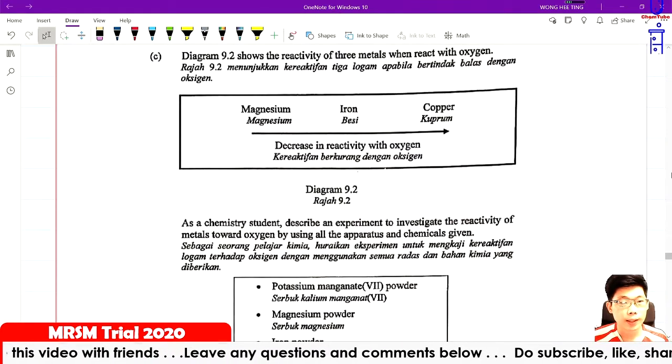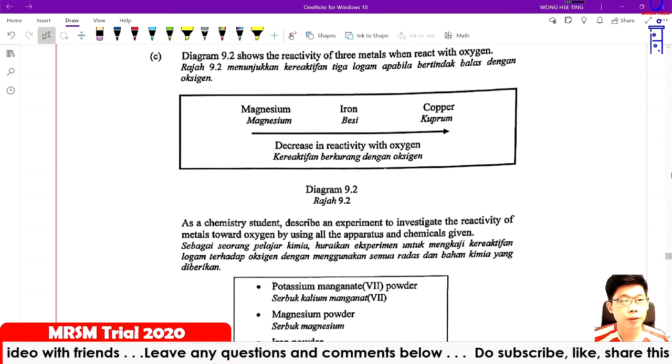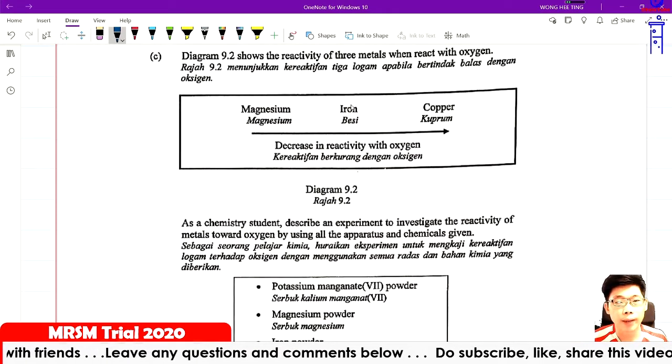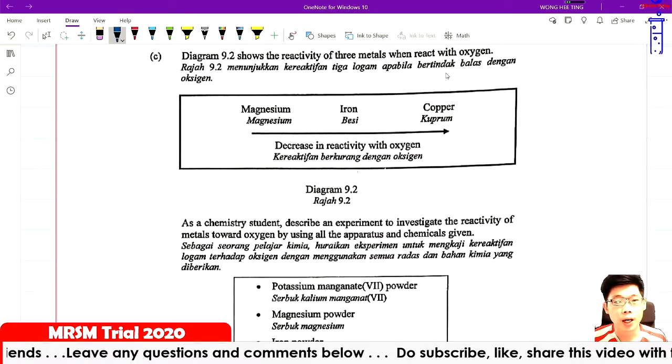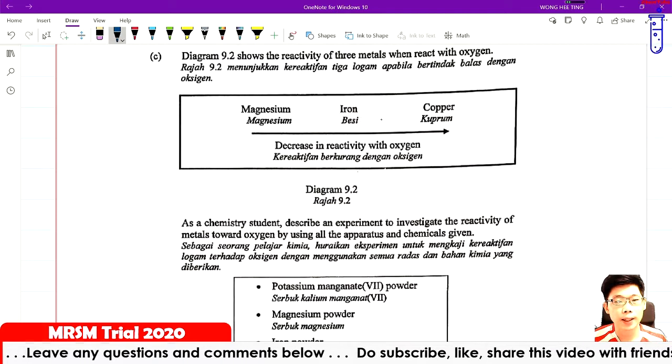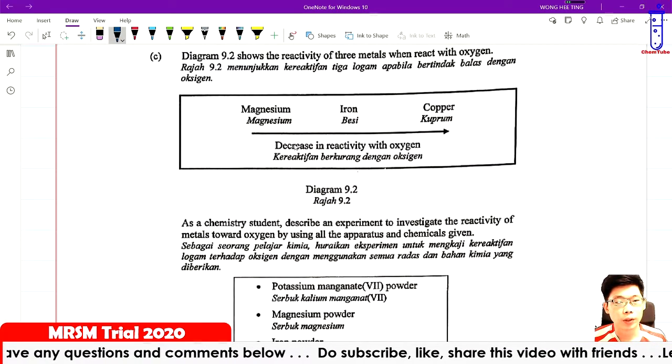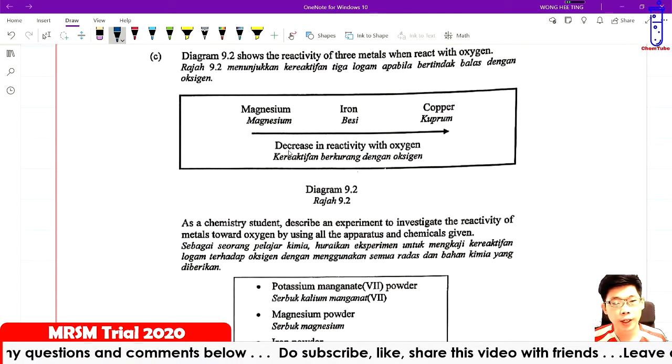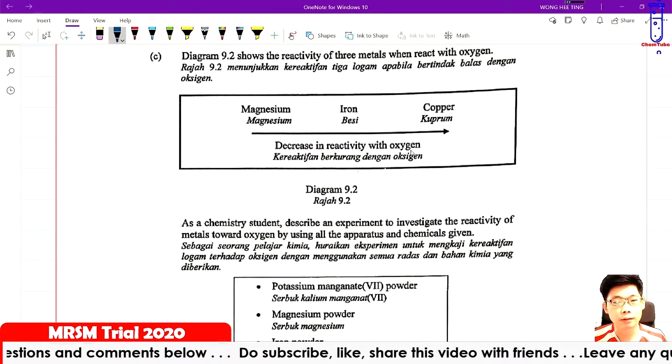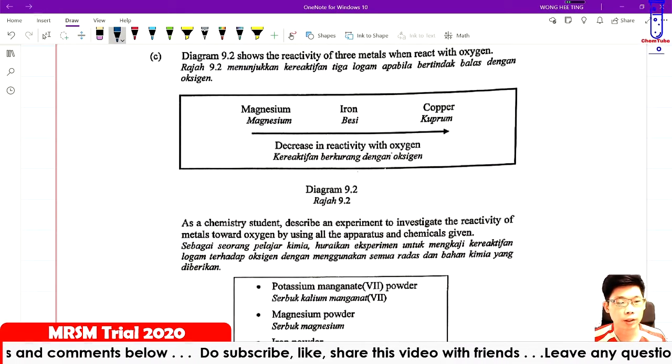C. Diagram 9.2 shows the reactivity of 3 metals when reacting with oxygen: magnesium, iron, and copper. The trend is decreasing reactivity with oxygen.